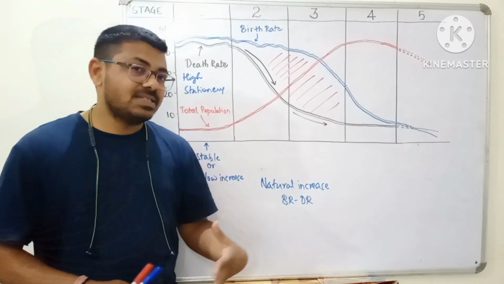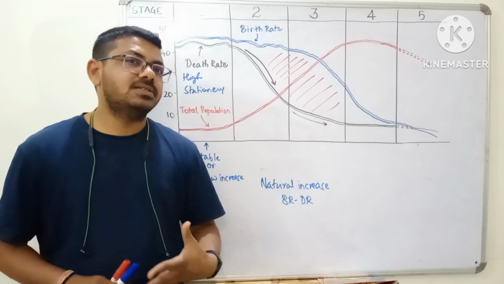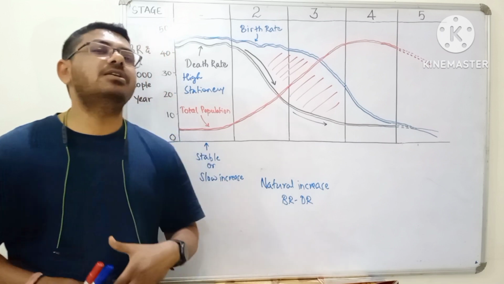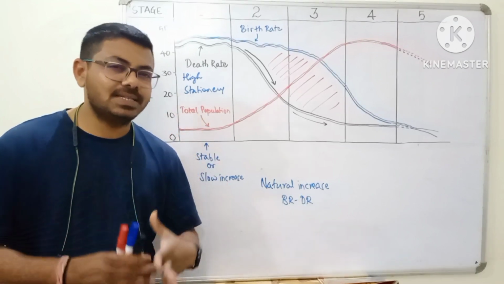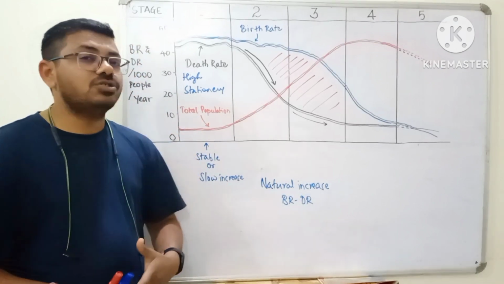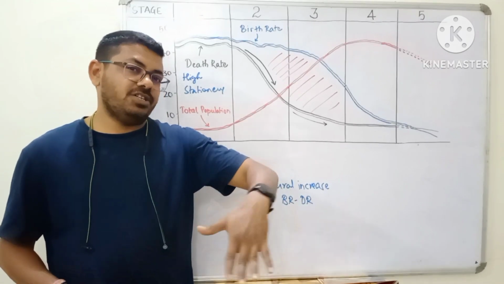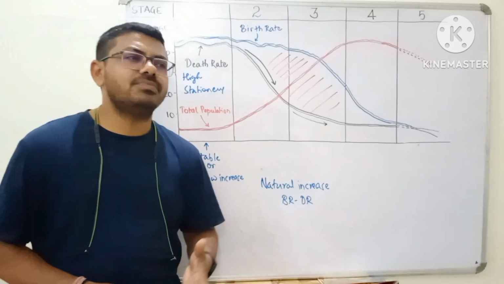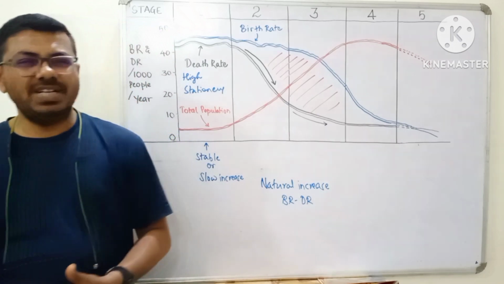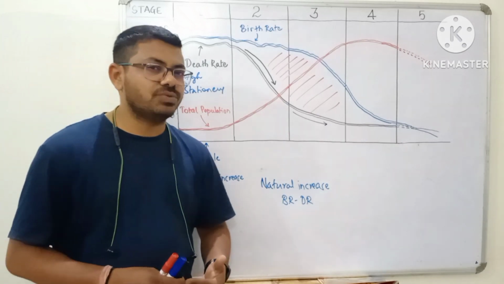So this improvement has got results. People became more aware about having small families, having fewer babies, and also the marriage age. Because in earlier times, people used to get married at 15 years, 20 years, below 20 years.